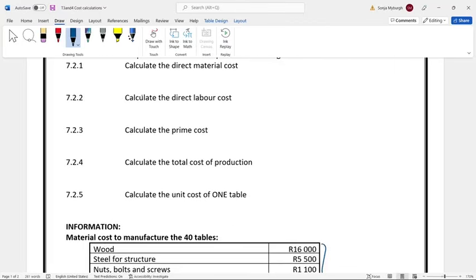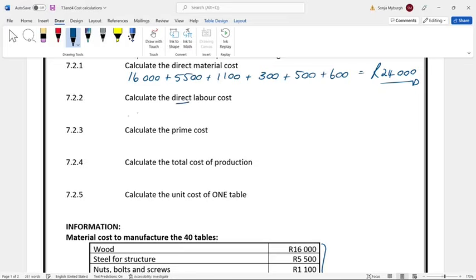All those costs, if we add that, and always just write your calculation: 5,500 plus the 1,100, the 300, 500, and the 600, the material cost adds up to 24,000.